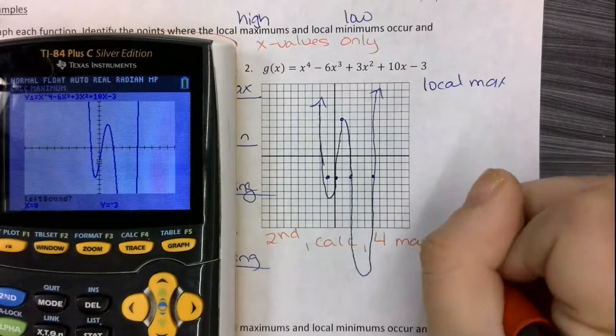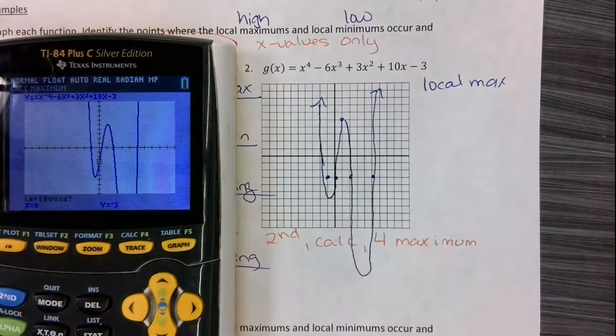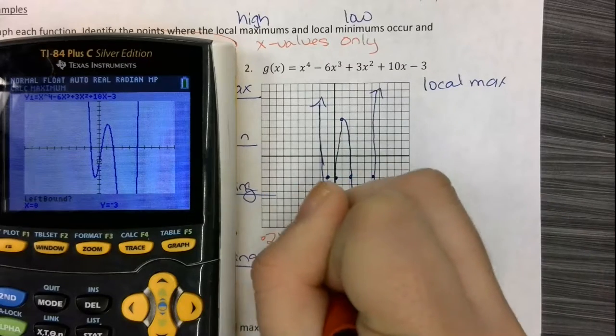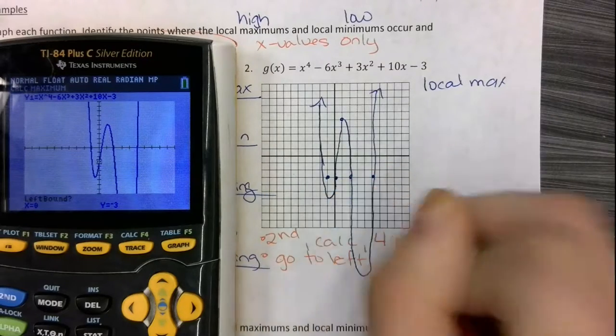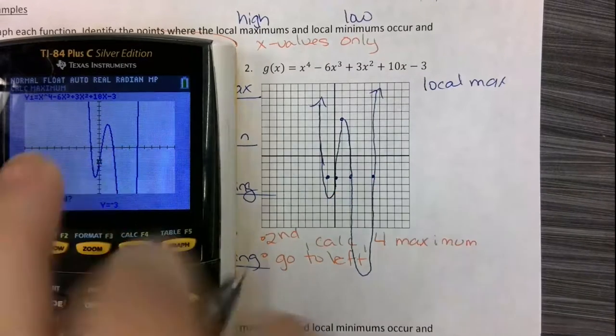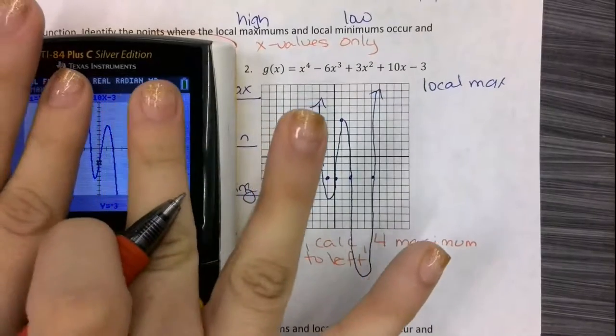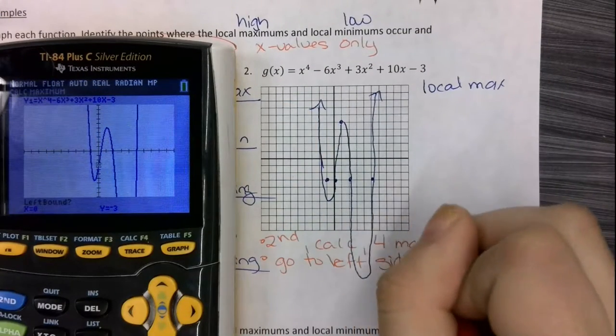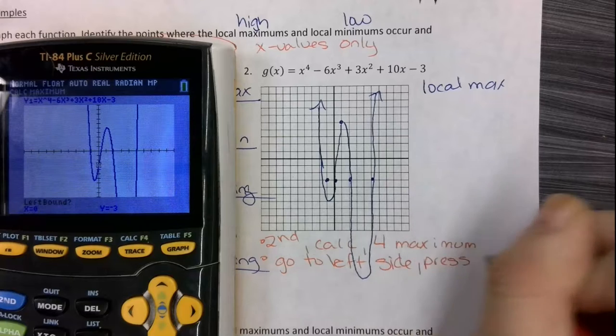And what I want to do here is I want to be on the left side of that maximum. So right where the arrow is fine. Like I'm on the left side of the mountain because I'm only focusing on the mountain in the middle. Okay. And then I want to press enter.